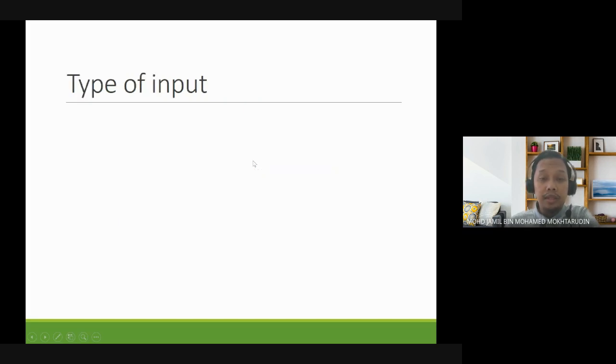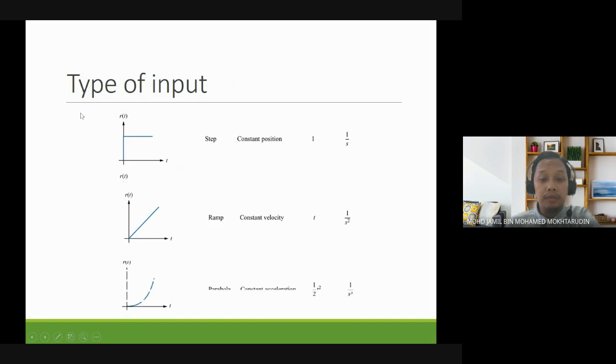Okay, so let's recap on the type of inputs. I think you have seen this in lecture 3, chapter 3, 3B. So there are three types of input. You have a step input, which has a constant value. A unit step input will have a value of 1, a constant value 1.